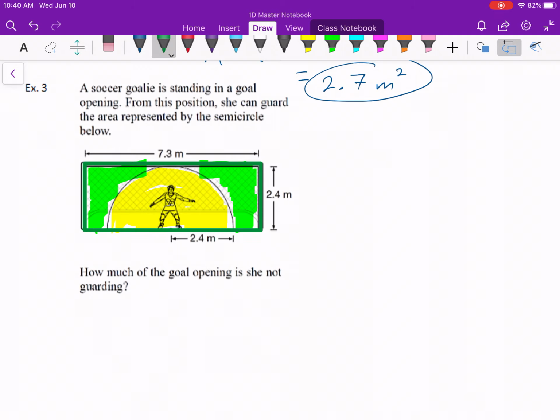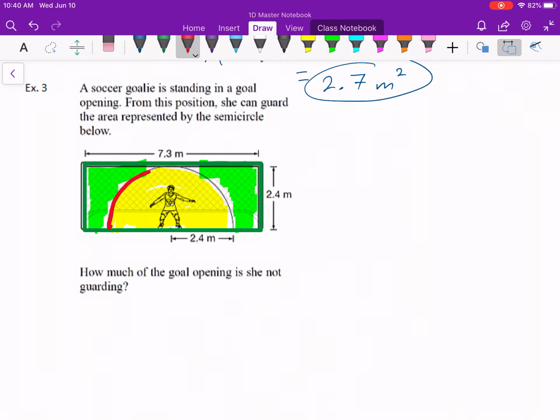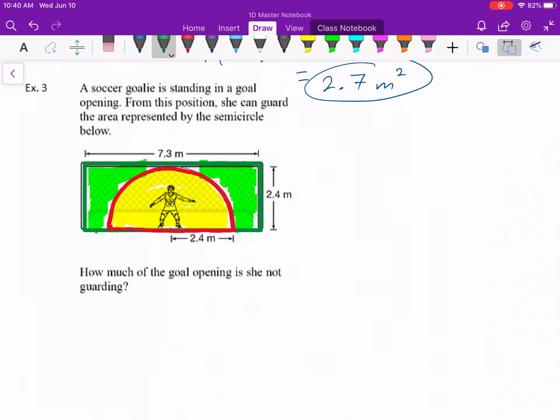That's just a rectangle. And from that, we are going to remove a semicircle of area. So let's call this area 1, the whole thing, everything that's in that green rectangle. We'll call this area 2.